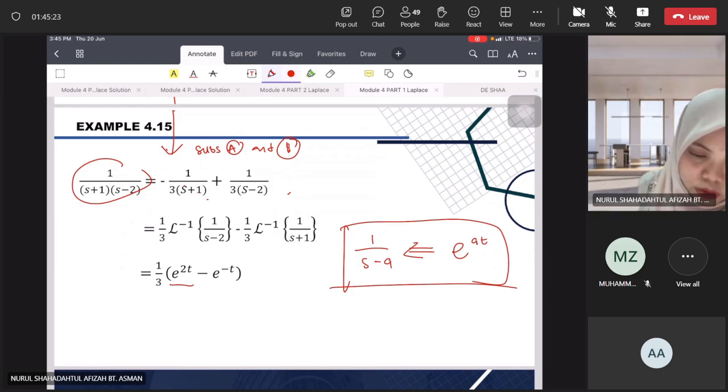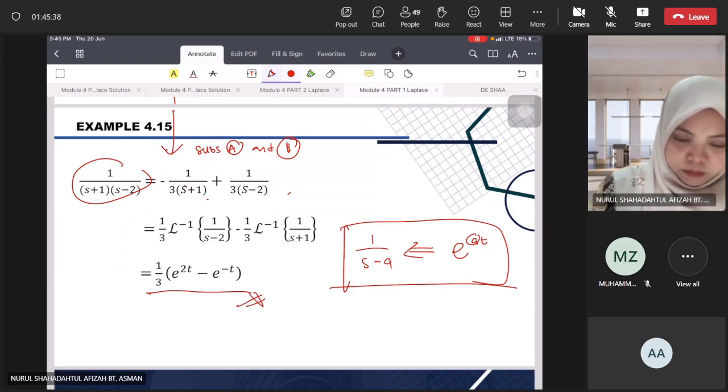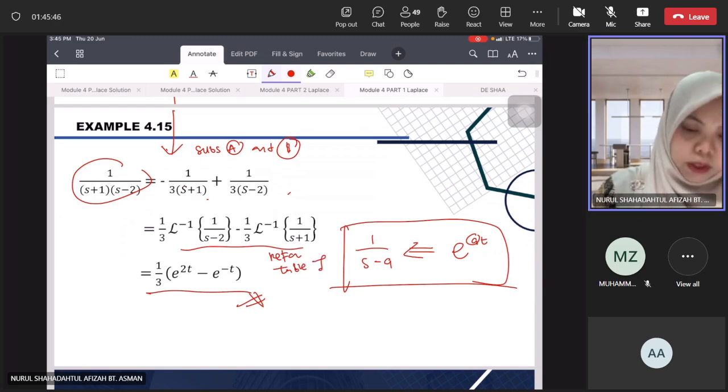If a is 2, then you get this one. So this is your final answer. From here you refer to the table of Laplace.